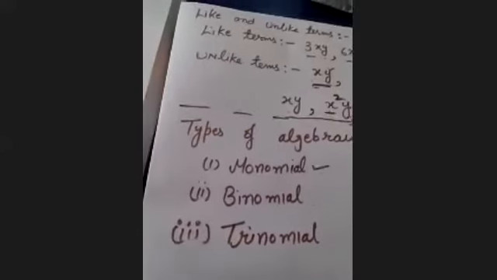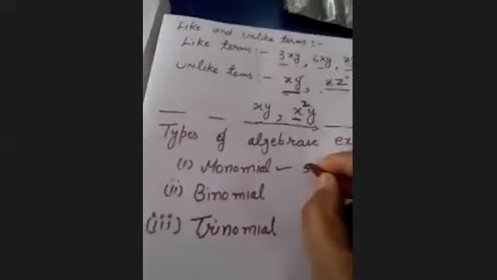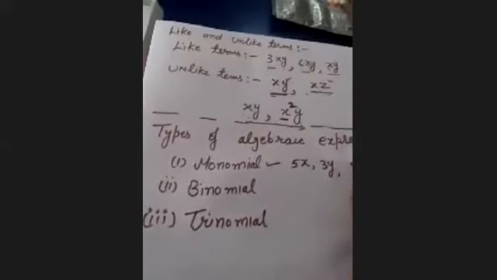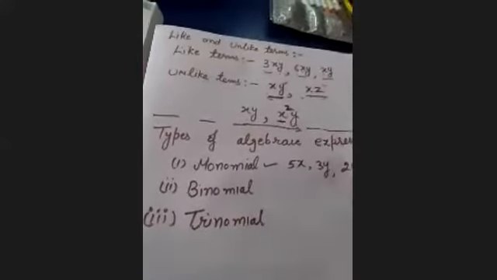For example, 5x, 3y, 2ab, these are monomials. Yes, friends, an algebraic expression having one term is known as a monomial.